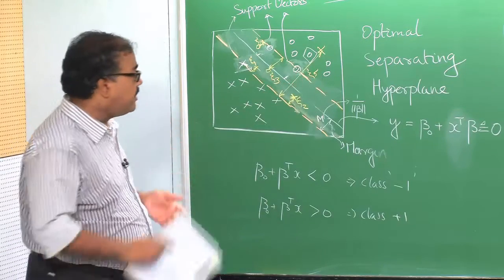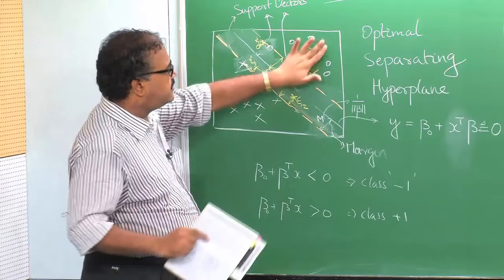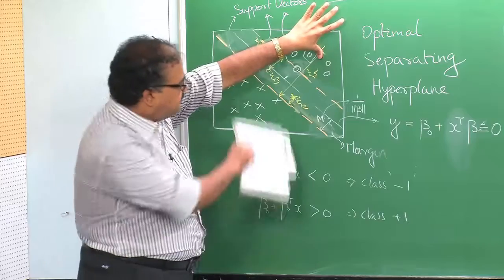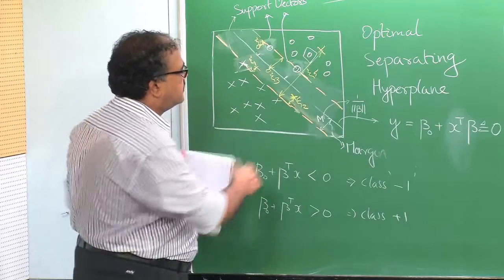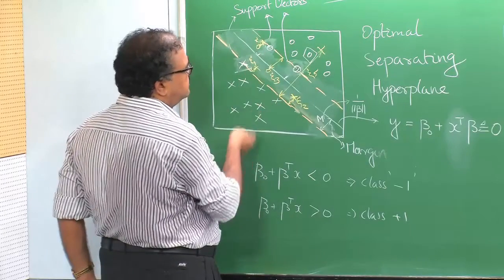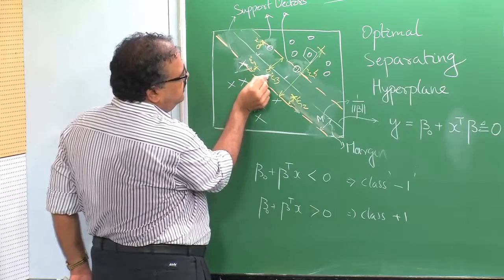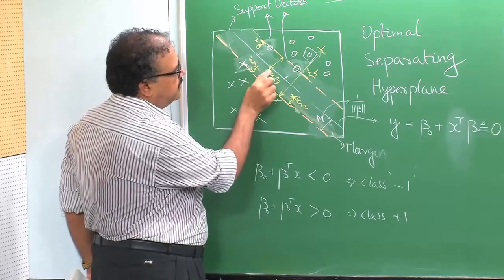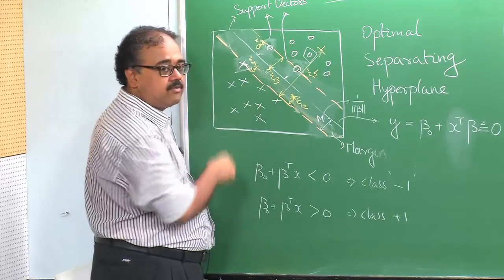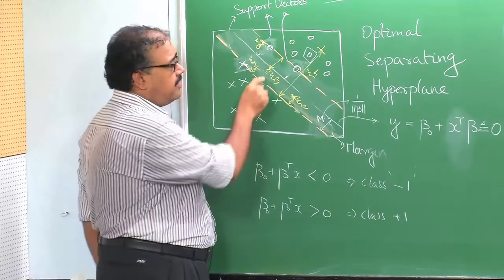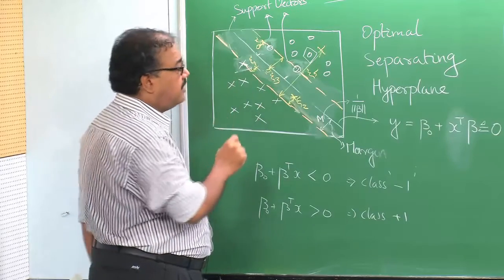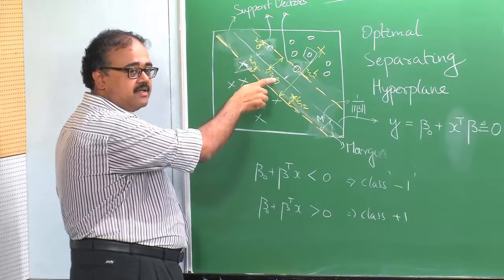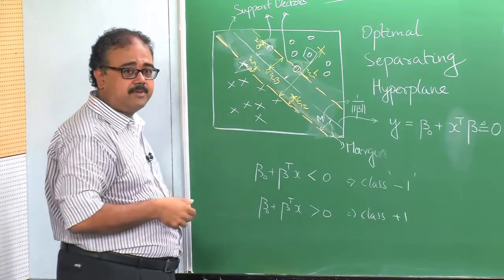If you think about it, even if this data point was not there, if I did not allow these kinds of data points to appear in the margin, my classifier would have been here, trying to separate this x from this O, and the margin would have been very small, and in all likelihood I am fitting a noise data point here, which is not an optimal thing to do.